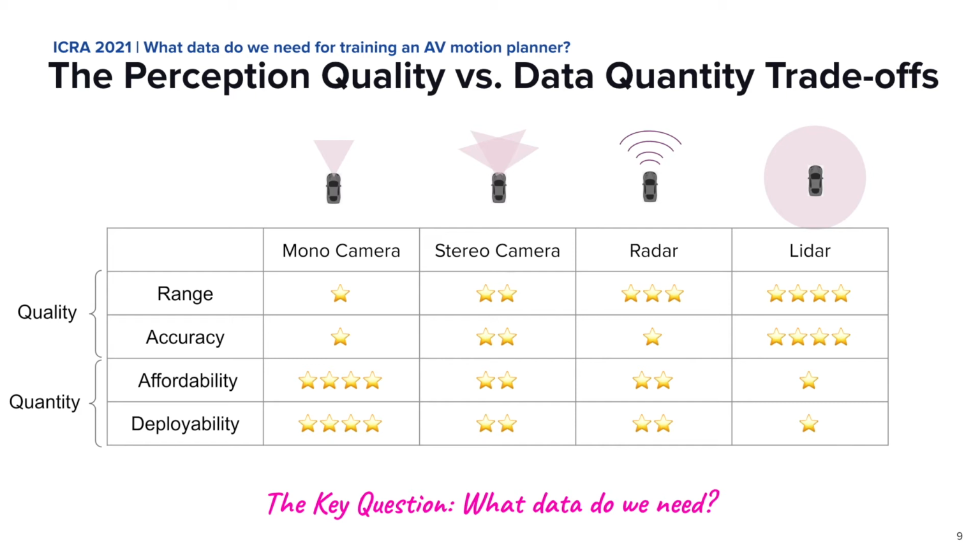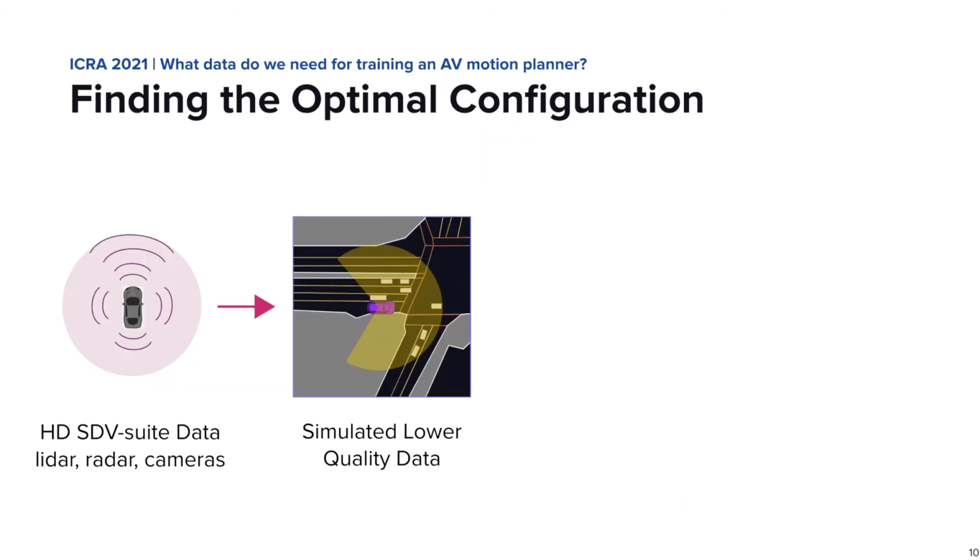In the next slide, I will introduce our method to find the optimal sensor configuration with simulated data. To achieve this, we leverage the existing self-driving vehicle data to simulate the lower quality data from low-cost sensors.